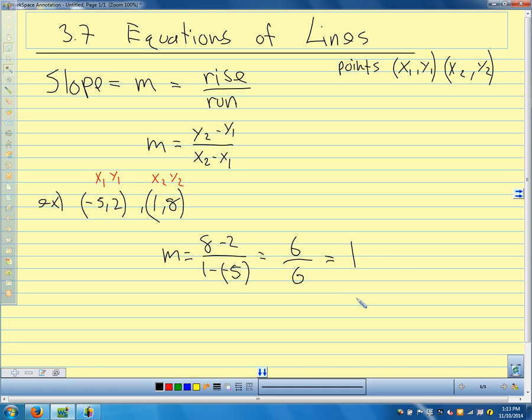And we can always write our slope, if we get a whole number, we can always write it as a fraction over 1 to remind ourselves about the rise and the run. So we can always write our fractions like this if we get a whole number.